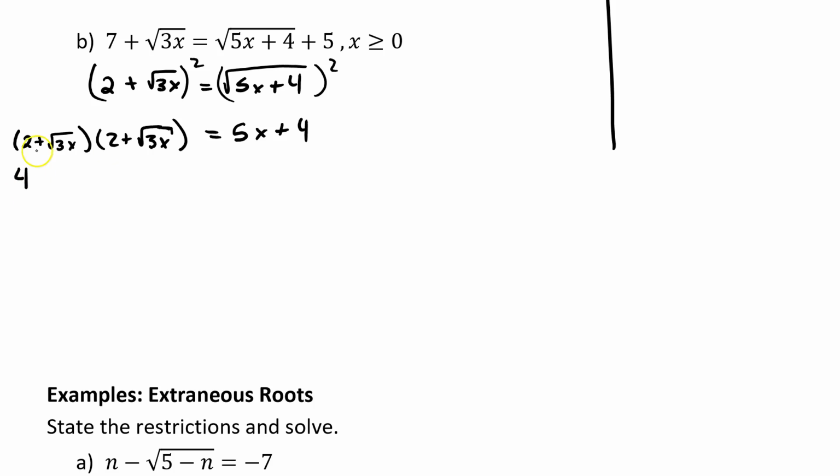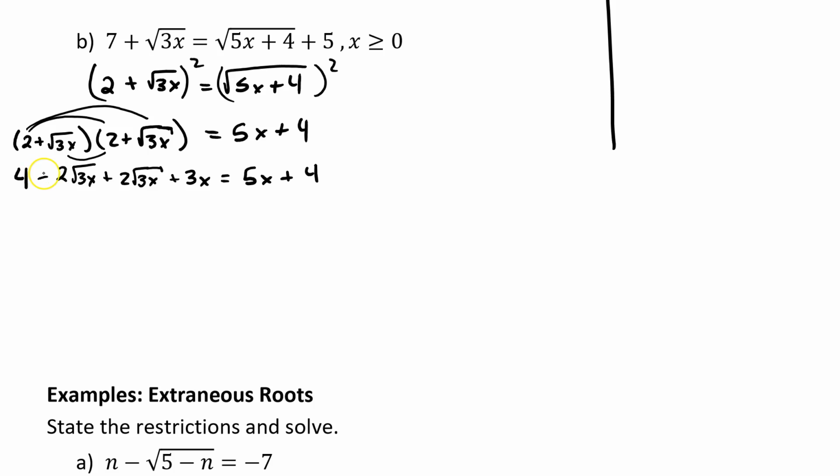So that becomes 4 plus 2 root 3x plus 2 root 3x plus root 3x squared, which is just 3x, equals 5x plus 4.